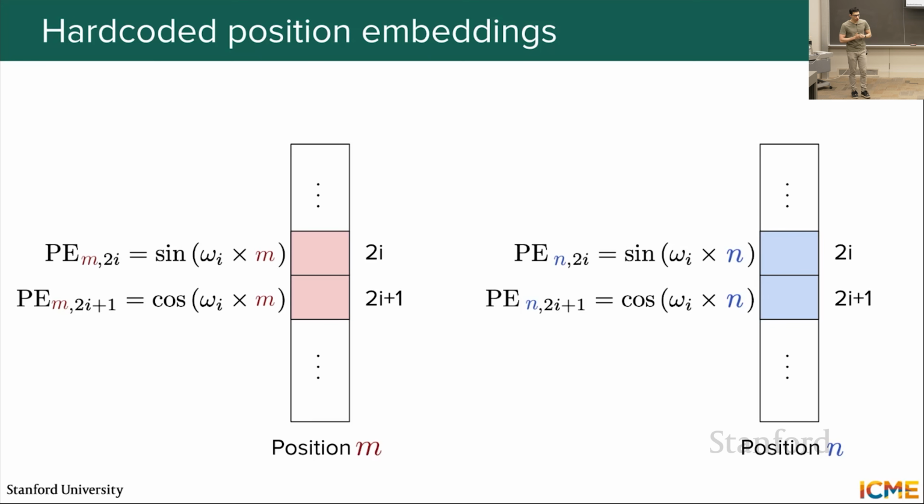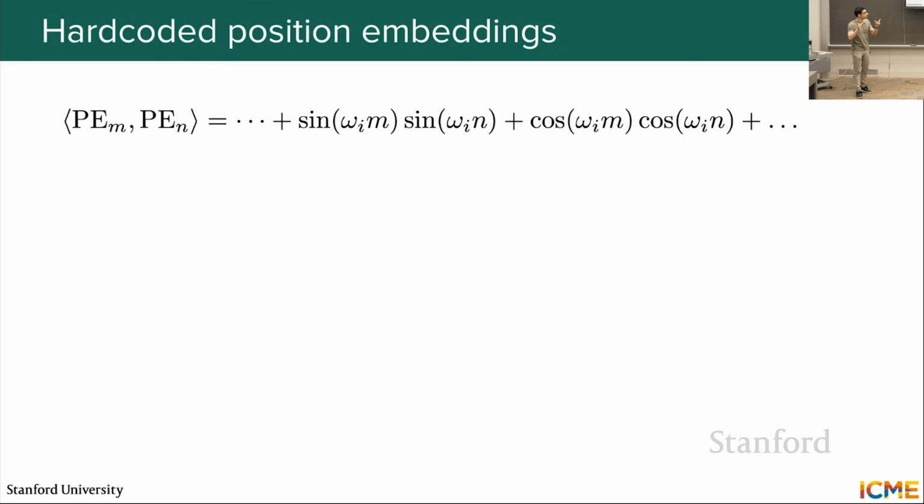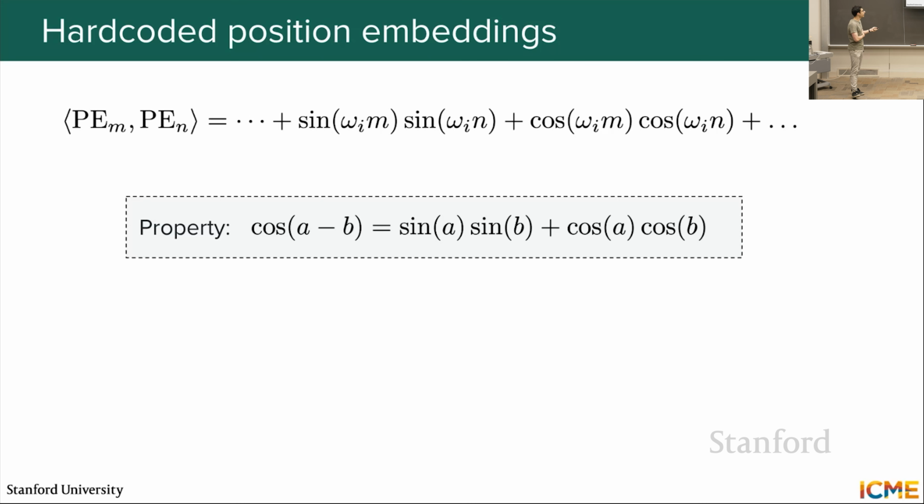Here you see that you have these sines that are aligned and these cosines, so that when you do the dot product, you have a sum of these sines of similar frequencies at position m and n, plus a product of cosines of the same frequency at positions m and n again. And if you recall your trigonometry class, sine A sine B plus cosine A cosine B is an identity.